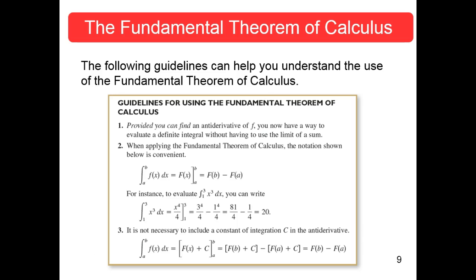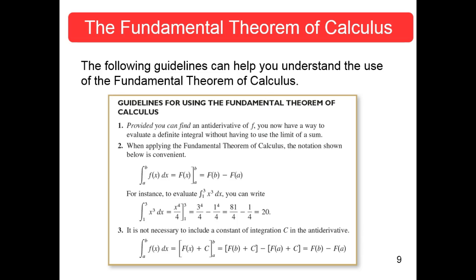So, if we're doing this one, integral from 1 to 3 of x cubed dx. First, what's the antiderivative of x cubed? Hurry up, my arm's getting tired. X to the 4th over 4.